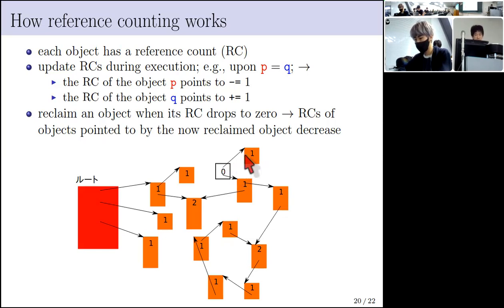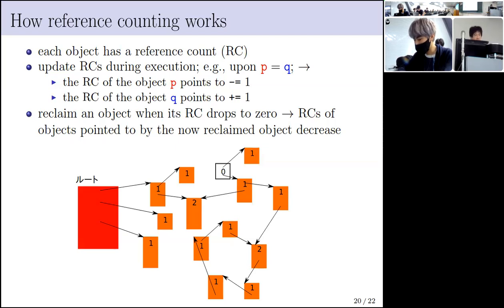Then reference counts of objects pointed to by this object are now decreased by 1 too, right? So first of all, if the reference count drops to 0, this object can now be reclaimed, right? So this object should be gone.